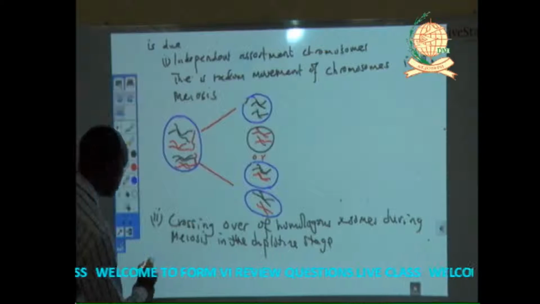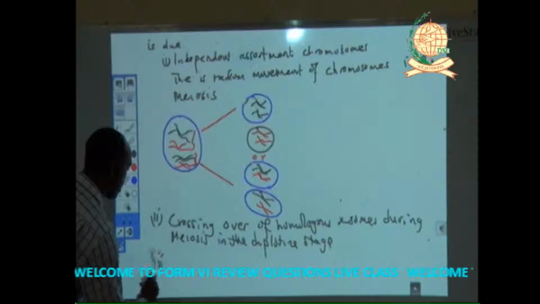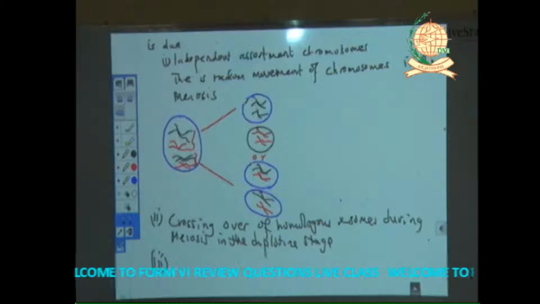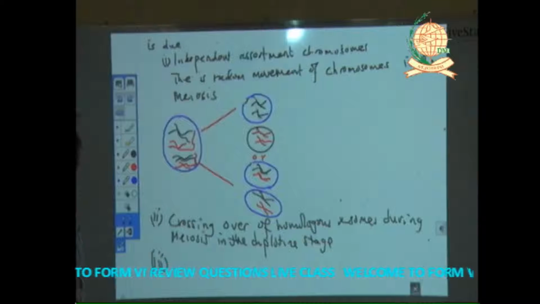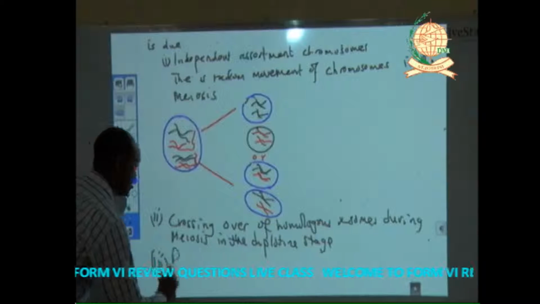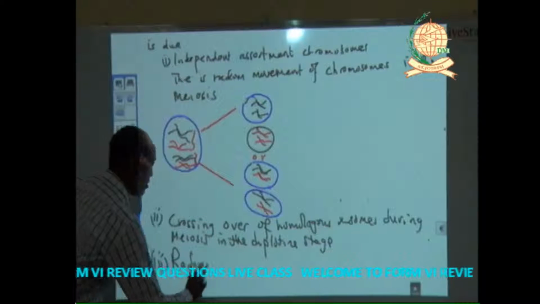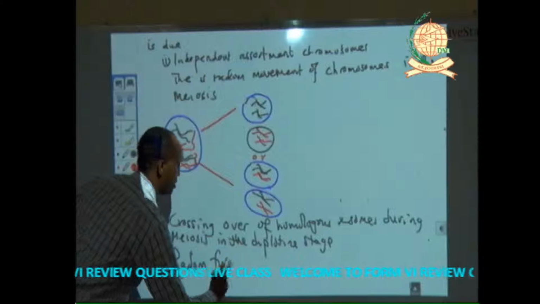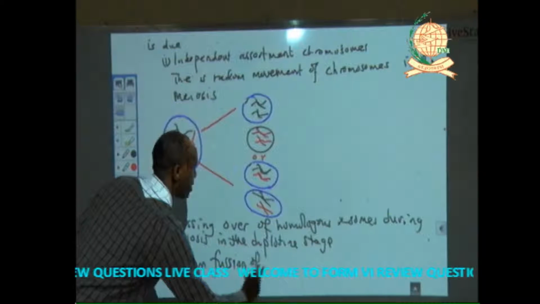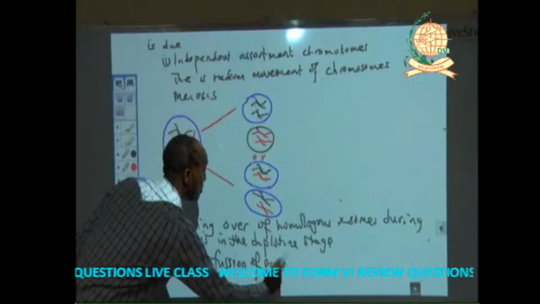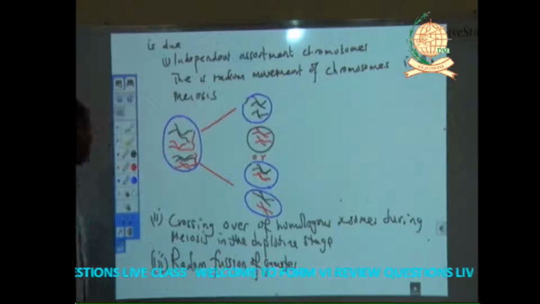The third one is due to the random fusion of gametes.